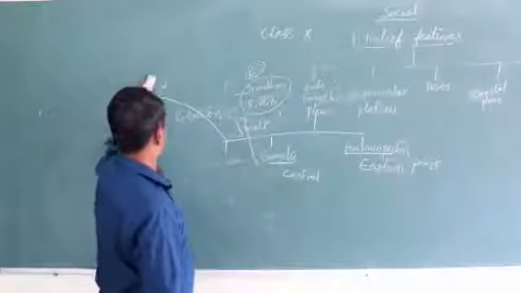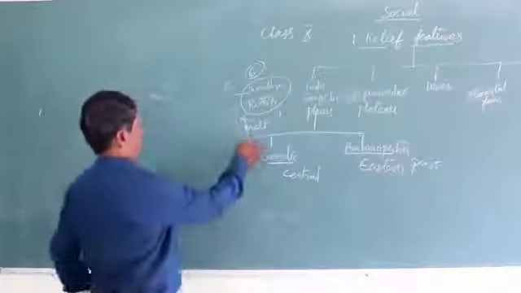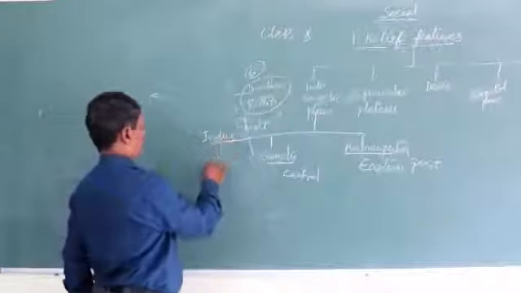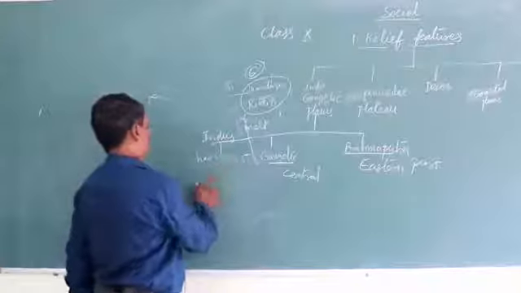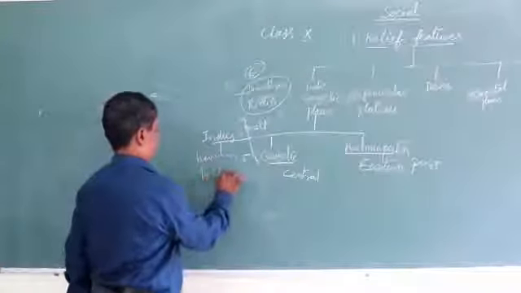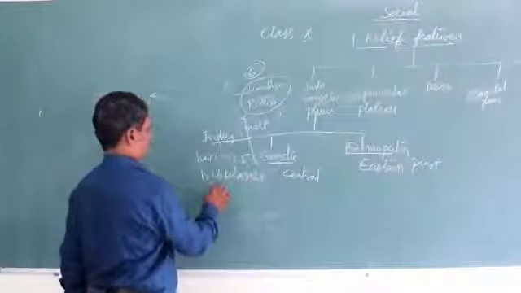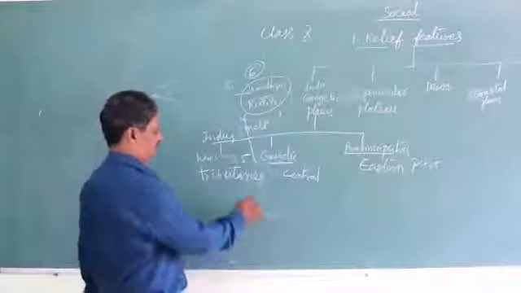Okay, so now coming to the Indus having 5 tributaries. 5 tributaries. What are they?